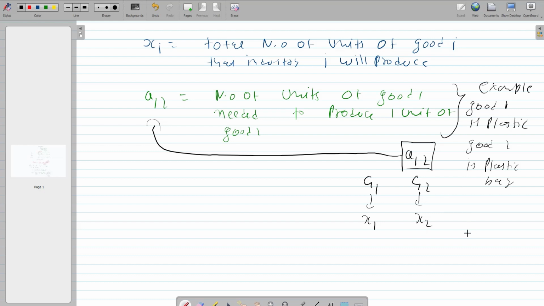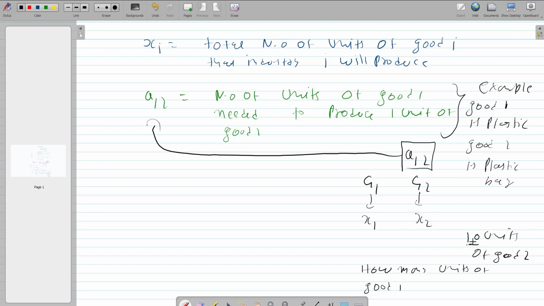Then if my economy is producing 10 units of good two, how many units of good one do I need?